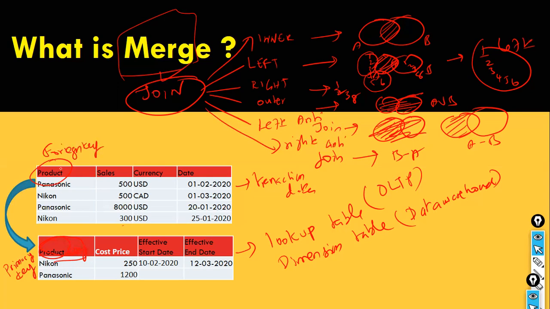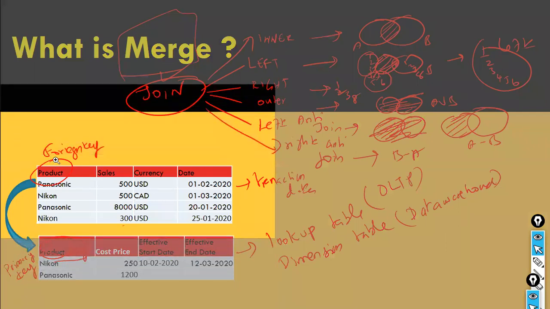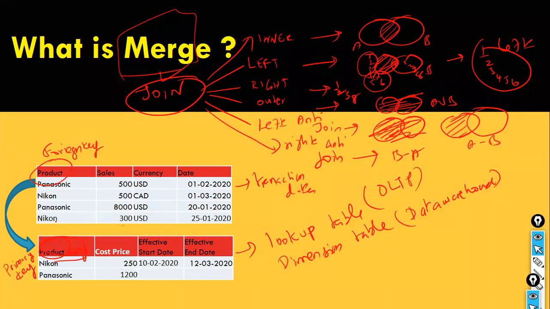There is a rule in the RDBMS. The same rule is applicable in the case of Power BI also. The column you call a primary key should not have duplicate values. Nikon should not appear more than once. Panasonic should not appear more than once. Whereas the foreign key can have duplicates in it.